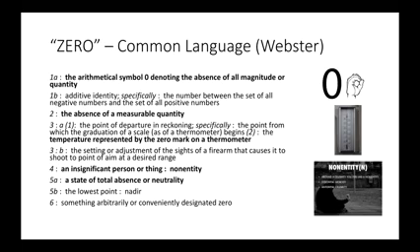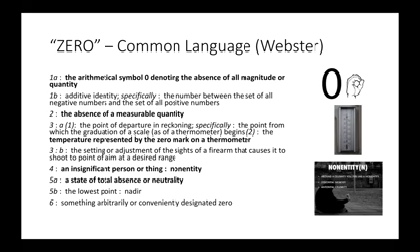Common language stuff, just rattle through this quick. So the symbol zero denotes the absence of all magnitude or quantity, the absence of a measurable quantity. It's used in temperature, the 0 mark, 0 degrees Kelvin, and things like that. But it also means something insignificant or a non-entity, something small and meaningless and insignificant.